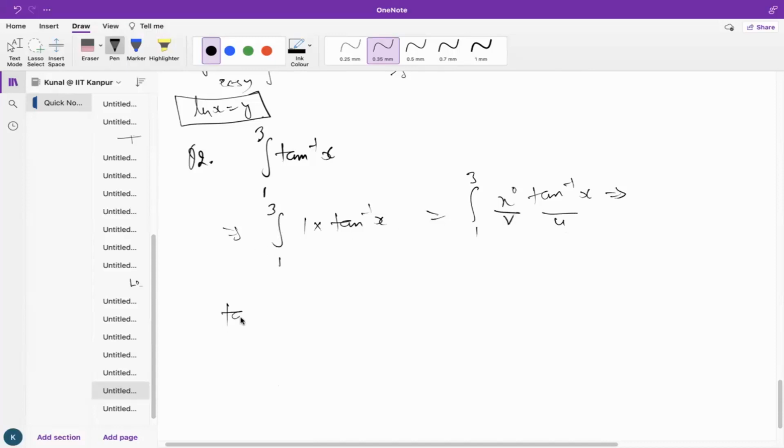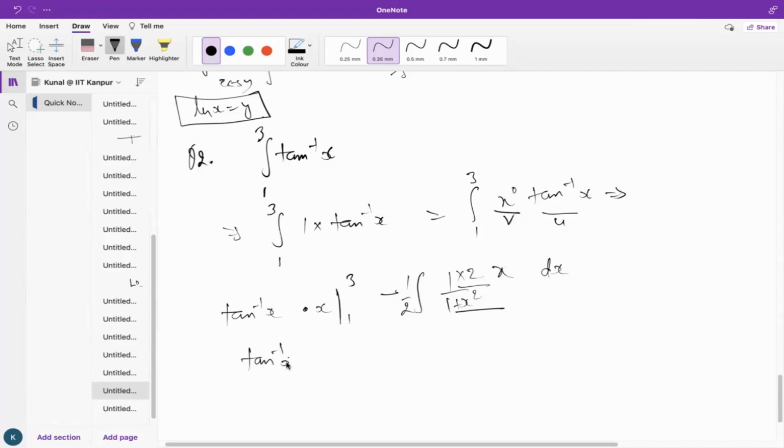So we take tan inverse of x, and when we integrate the 1 we get x, from 1 to 3, minus, when we differentiate tan inverse x, we get 1 by 1 plus x square, into x. So multiply and divide it by 2, dx. If this is our f function, then this is our df.